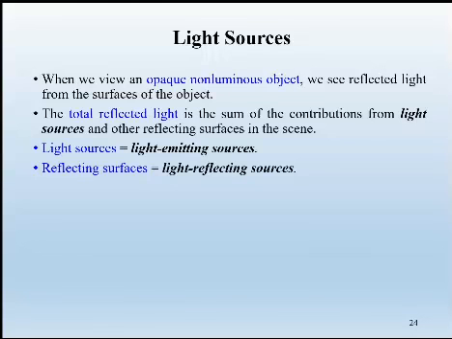The total reflected light is the sum of the contributions from light sources and other reflecting surfaces in the scene. So, whatever is in the scene, the combination of all these together is the total reflected light. Light sources are also known as light emitting sources, and reflecting surfaces as light reflecting sources.